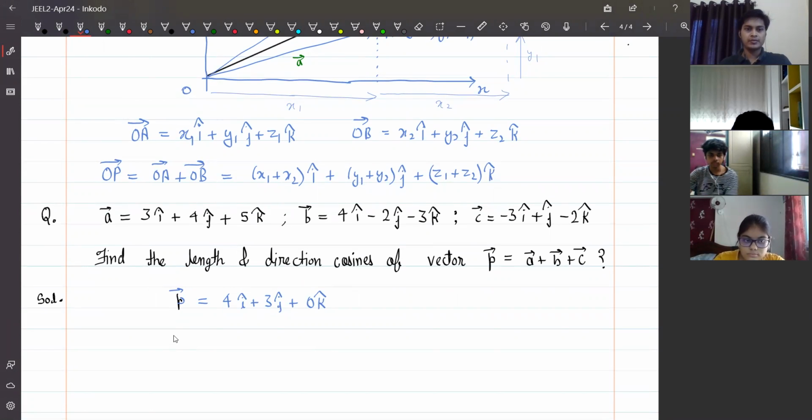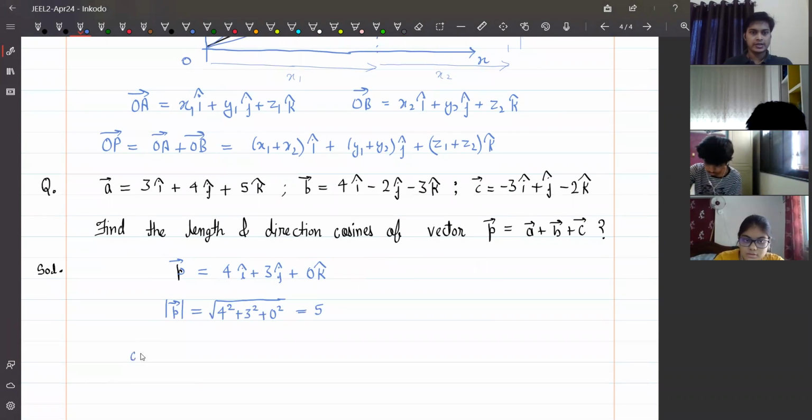Then what is the length of P vector? 5. Okay, work with me here.